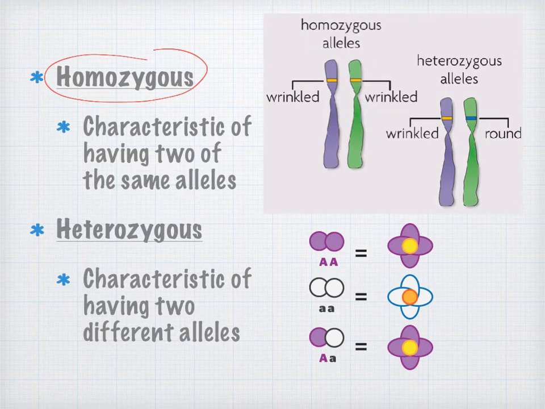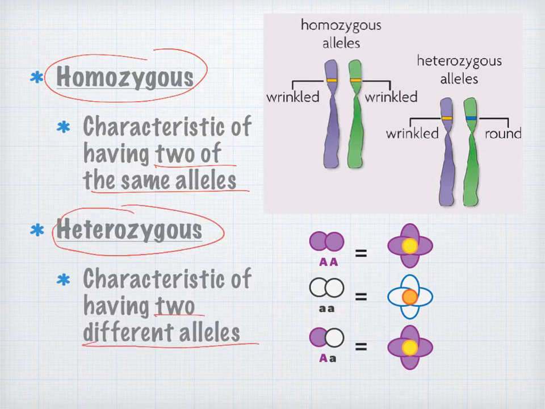Homozygous: the characteristic of having two of the same type of alleles. Two alleles are the same, one you got from mom, one from dad, and they're both the same. Heterozygous would be two different alleles, one inherited from mom, one from dad, and they're different. So these homozygous alleles, they both are wrinkled.